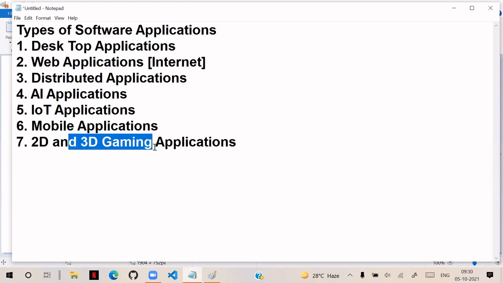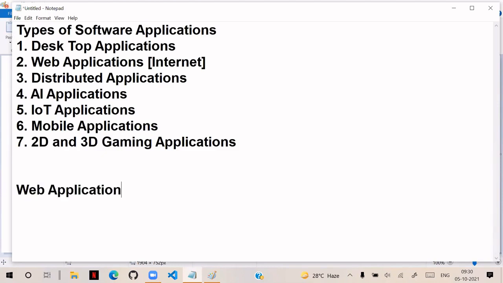With only the UI technologies, whatever topics we are going to learn in this course, our target will be what type of applications? Web applications, and another one is distributed applications. These two things we have to know. So first we will start from web applications, then we can go into distributed application.